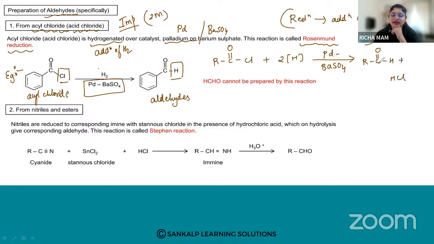We are doing hydrogenation in the presence of palladium and barium sulfate, and you get an aldehyde. Rosenmund reduction. Reduction is addition of hydrogen. Is it clear?